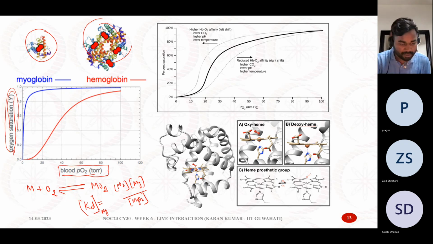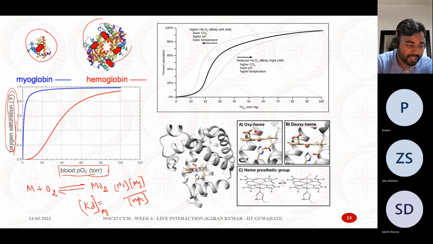Partial pressure of oxygen in blood. And what you see is that myoglobin follows a hyperbolic characteristic.